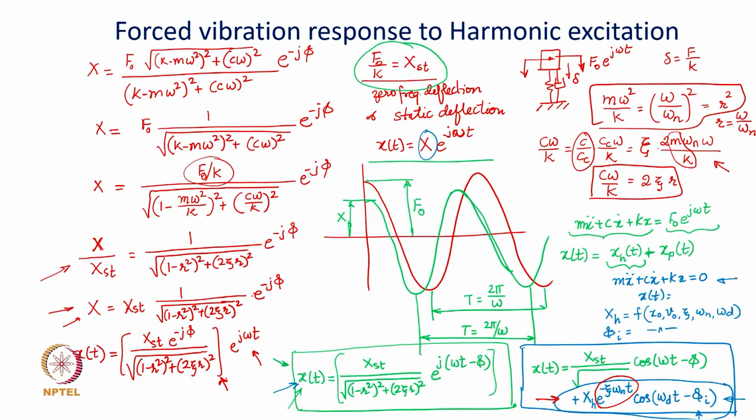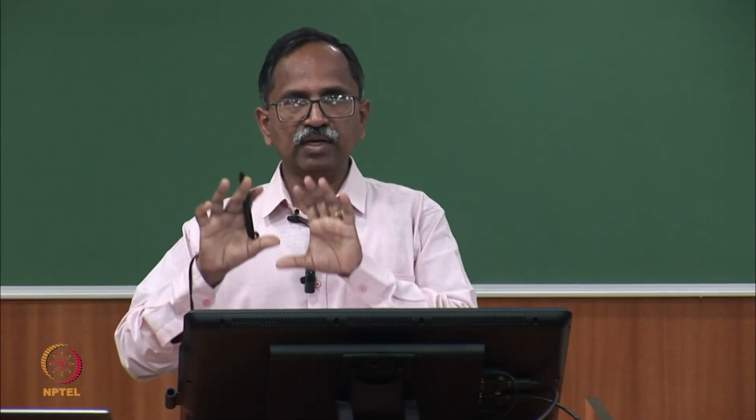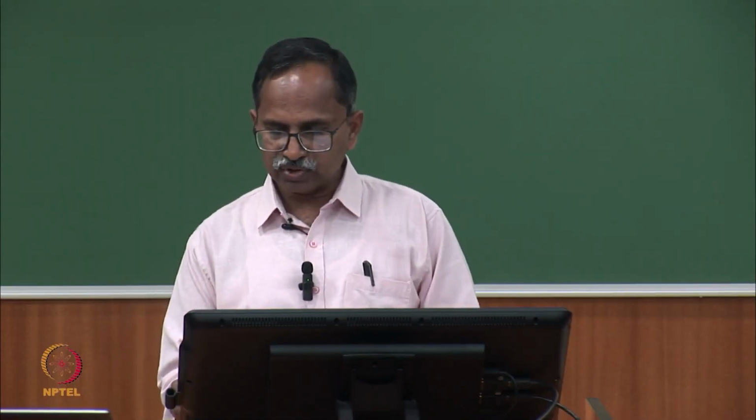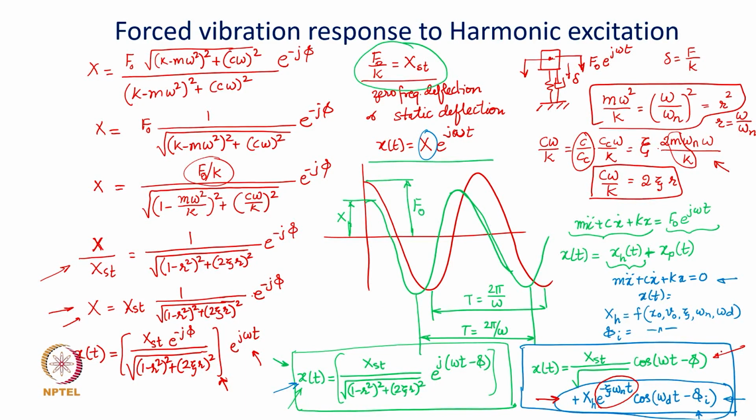So, in a way, within no time you are left with only the response of the first term, that is the steady state solution, as we call it. So, this part dies down quickly, and what is sustained or remains is the solution, which is this x p, okay.